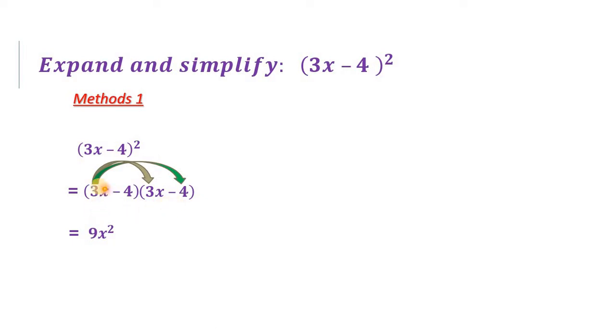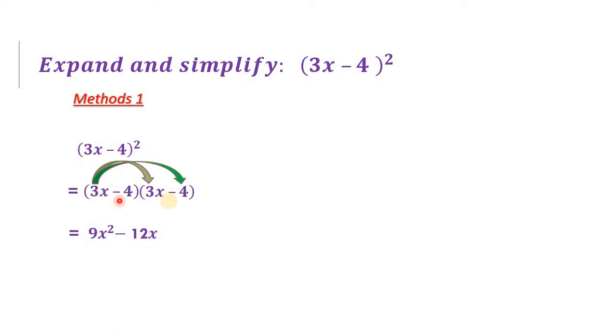In other words, 3x in the first bracket will multiply the 3x as well as the negative 4 in the next bracket. So when 3x multiplies negative 4, we get negative 12x, since positive times negative is negative, 3 fours are 12 times x, and so we get negative 12x.